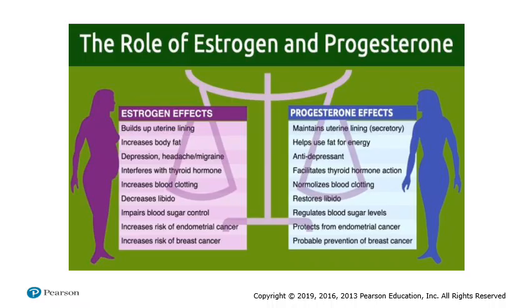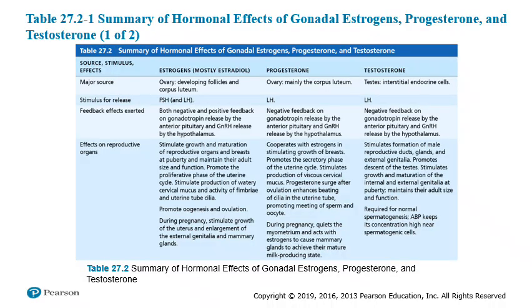Altogether, you have here a summary of the hormonal effects of these hormones, including testosterone, which is available to you for your studying. And this is available in your ebook.